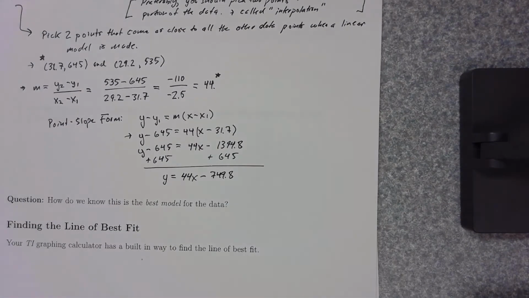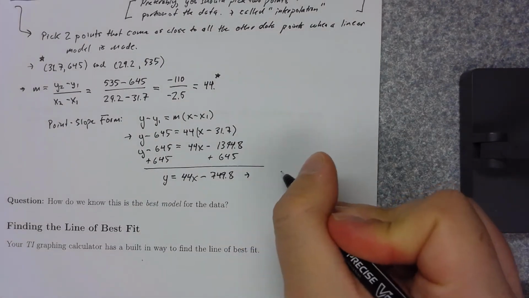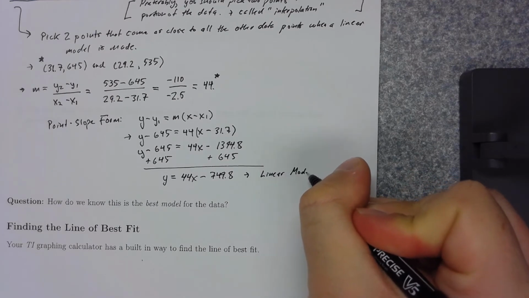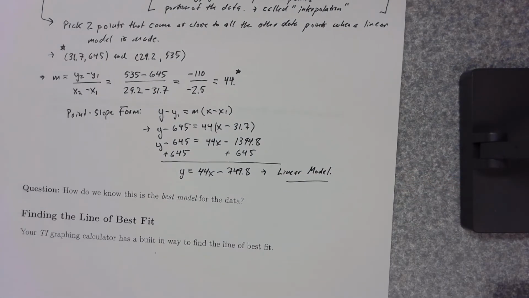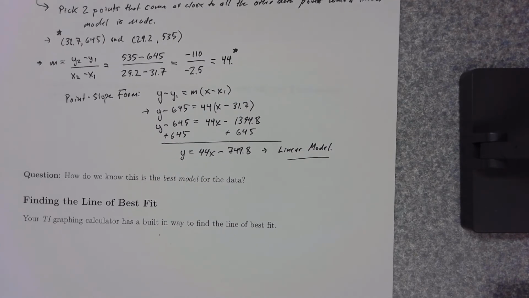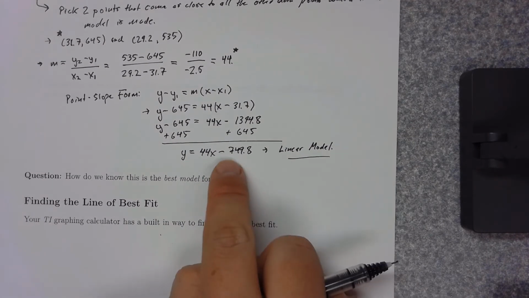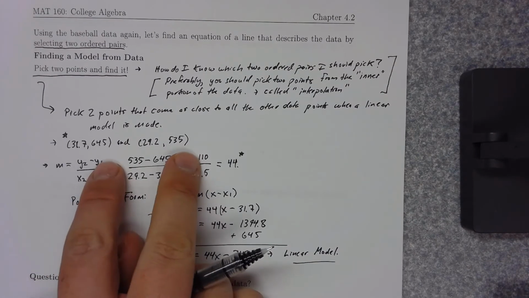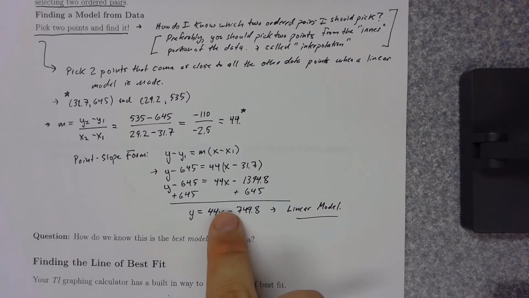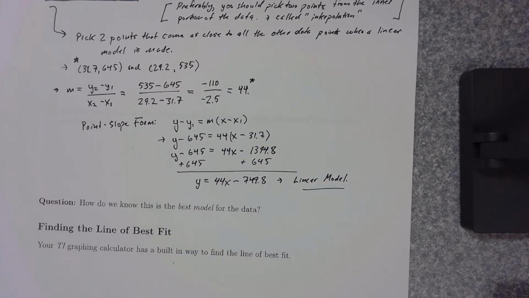So this is my linear model, or it's a linear model. Remember, there are multiple linear models out there, but this is the one that I picked between these 2 data points just from observation. And there's nothing wrong with this model. It's perfectly fine. It does a good job of representing the data.